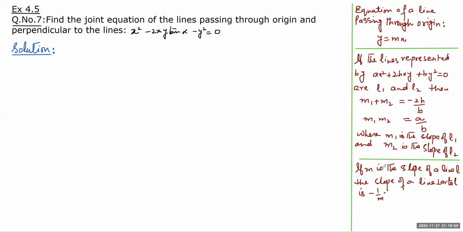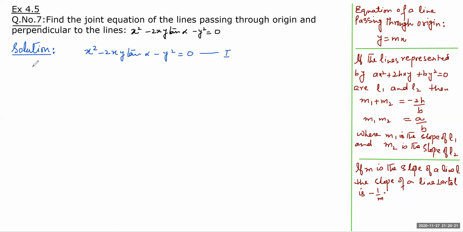Third thing which we must know is that if m is the slope of a line L, the slope of a line perpendicular to L is minus 1 by m. Now let's start the solution. We write the given homogeneous equation x square minus 2xy tan alpha minus y square equals to 0, and we name this equation 1.